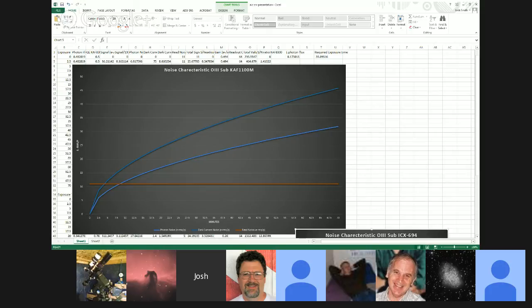So at that point, I have no concern at all about how long I expose my narrowband subs. Yes, I use tone mapping to remove the stars, or at least minimize them as much as possible, and then I put back in RGB stars over top of them.